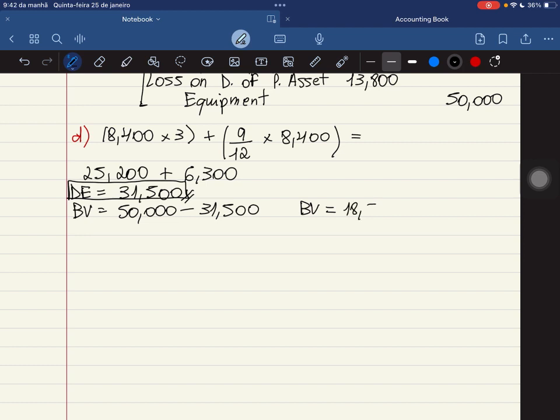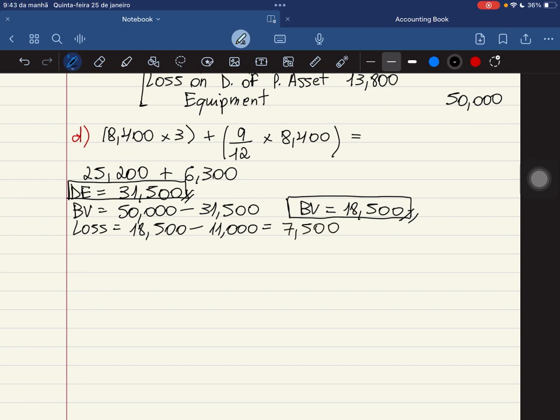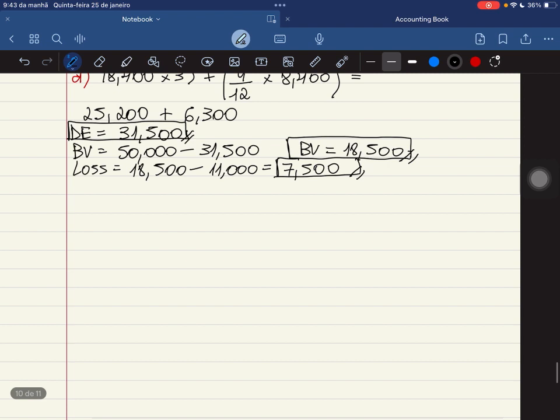That is 18,500. Okay. I sold it for 11,000, which is less than this book value, which means that I have a loss. How much is my loss? Just subtract the value that you sold it for. I had a loss of 7,500.